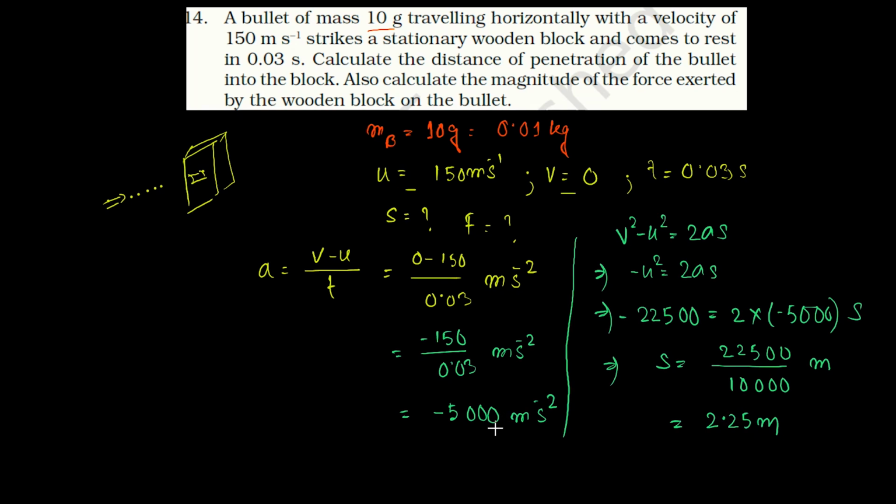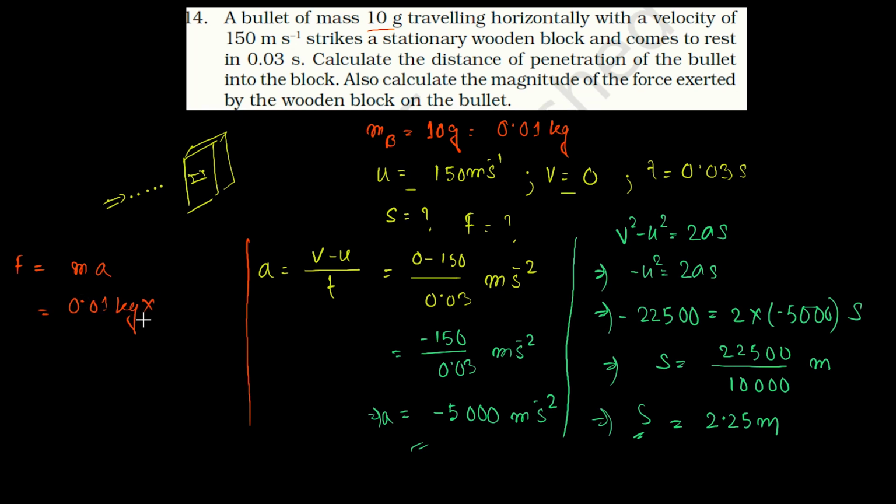We have got acceleration here, and we have got S here. We are going to use these two things to find out the force. The force is going to be F equal to MA. M is given as 0.01 kg.